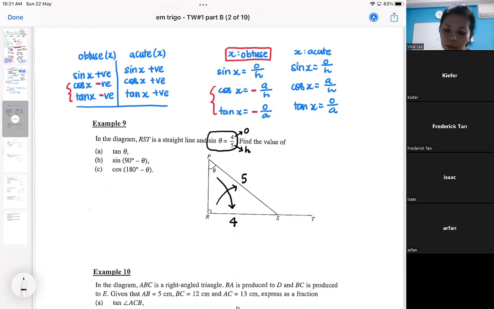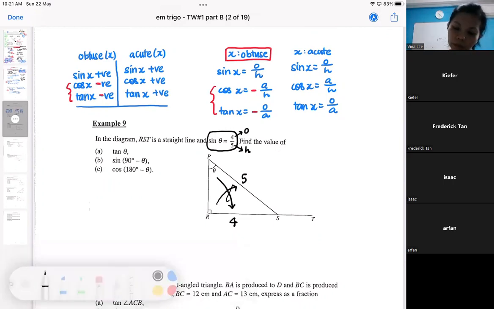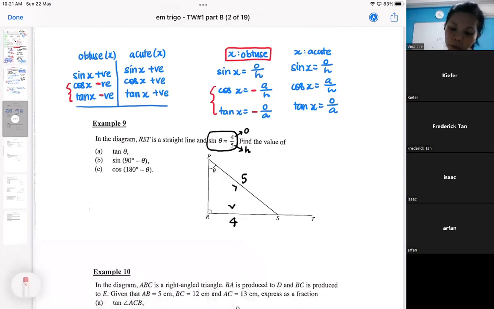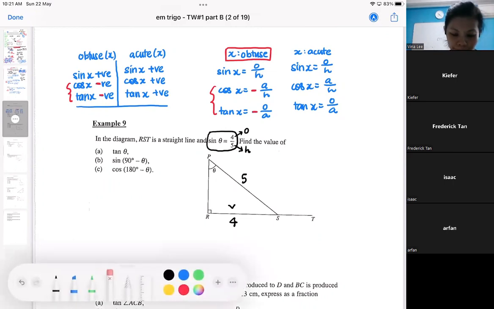So put in your O and H. And usually you will need to do some Pythagoras theorem. So I'm going to do some Pythagoras theorem.